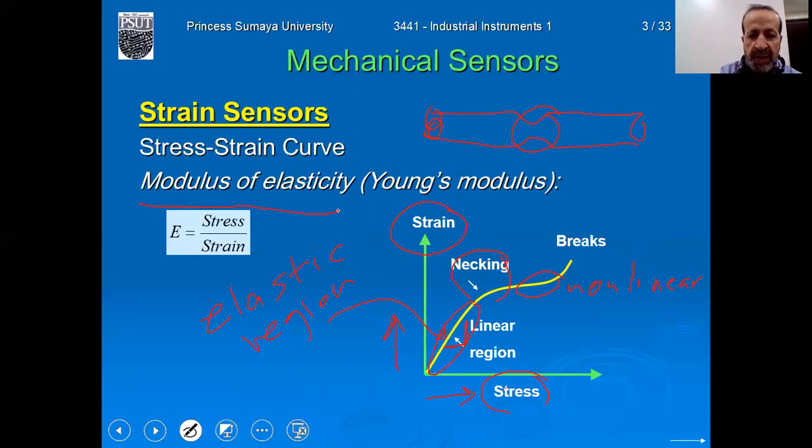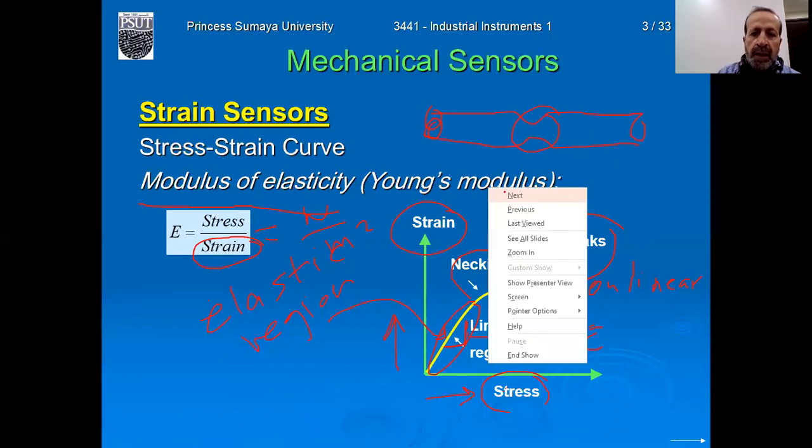So the slope in this case is 1 over E. And E has a unit of Newton per meter square because it has the same unit as stress, because strain, as you know, doesn't have any unit. So this is the stress-strain curve. If you continue to increase the stress, you will reach this region. At this region, the rod will break. It will be divided into maybe 2 parts or more.